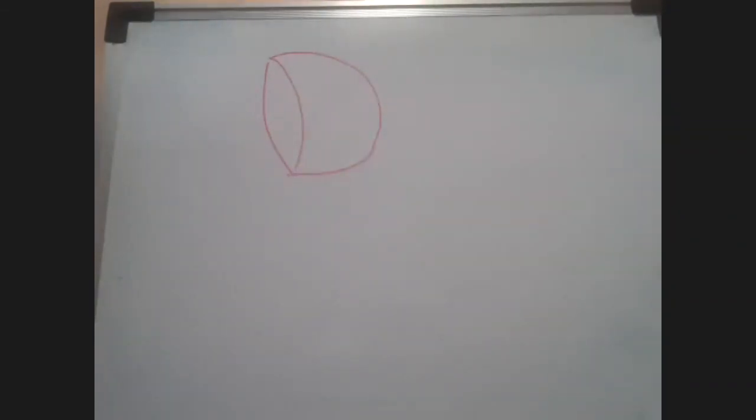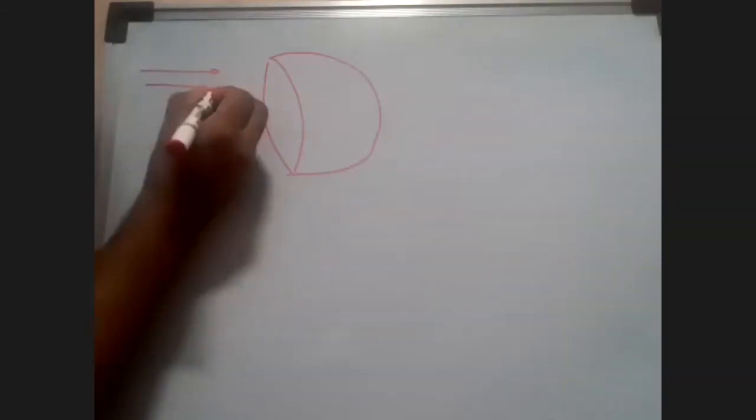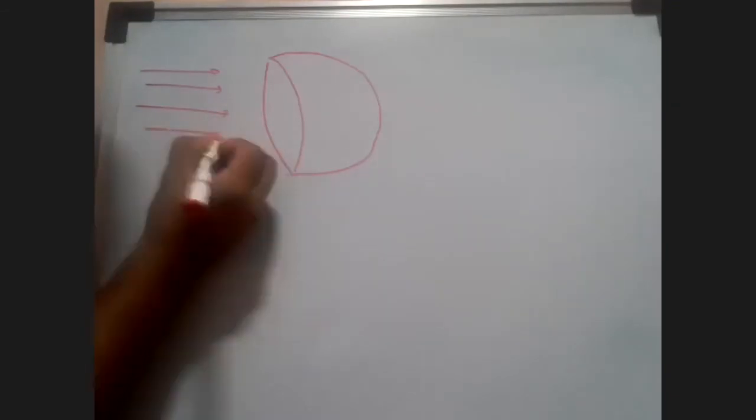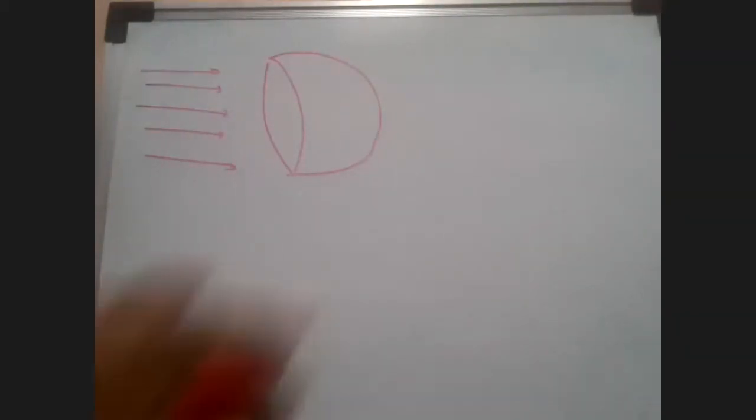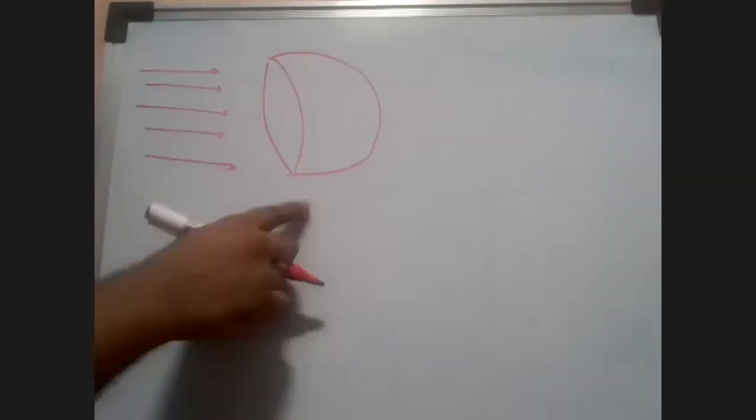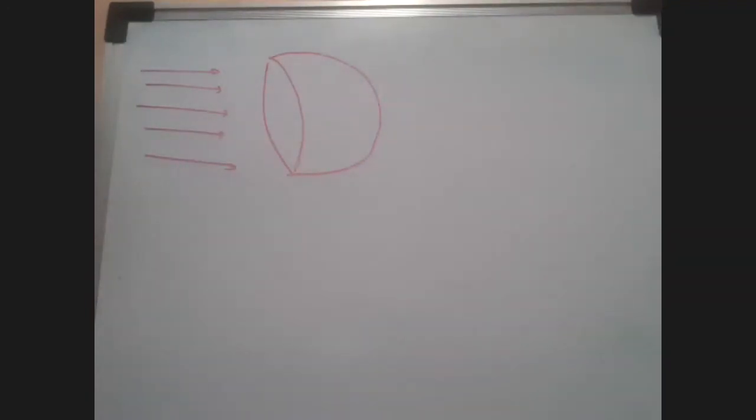This is a hemisphere, and there are electric field lines which are passing in the x-axis direction. Always remember, hemispherical means open surface. Closed surface means an entire sphere. But for a hemisphere there's a difference, I'll tell you how.